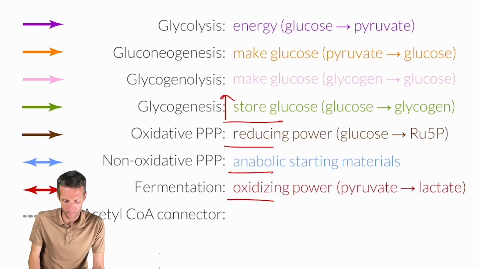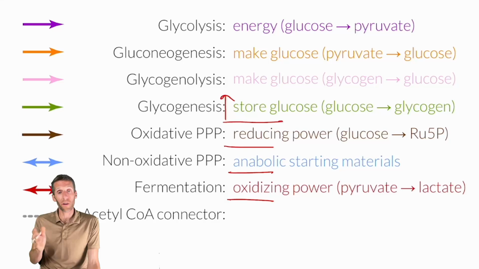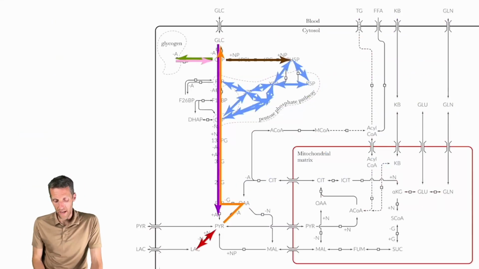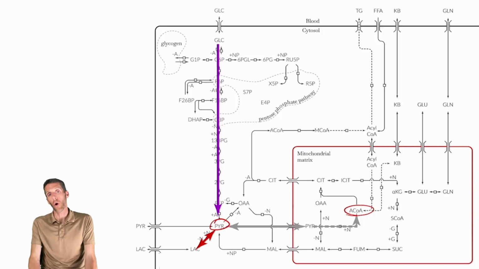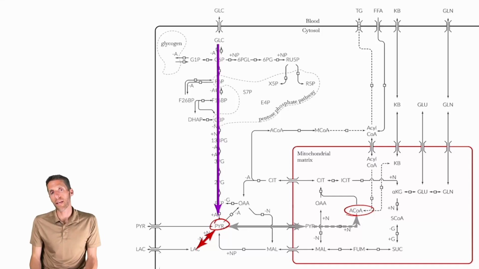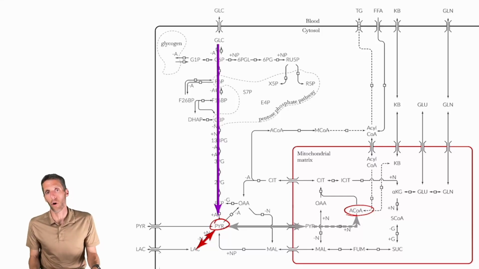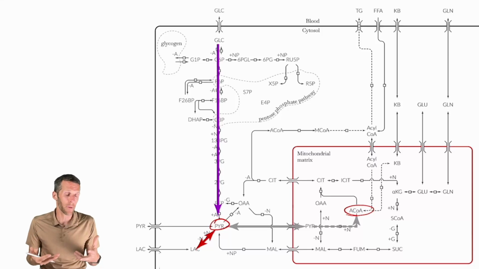All right, I'm going to talk about one other thing and then we're going to be done, and that is this acetyl-CoA connector. And that goes from pyruvate down here into the mitochondrion, where eventually it gets made into this molecule, which is known as acetyl-CoA. Now, remember I said this is like a transit network and that there are different sorts of connectivity that happen.